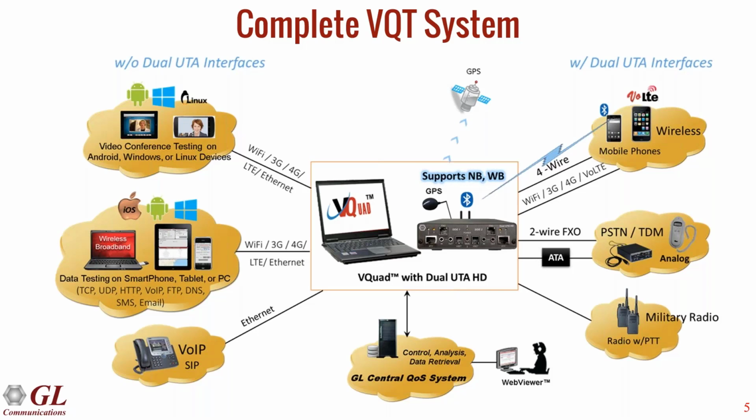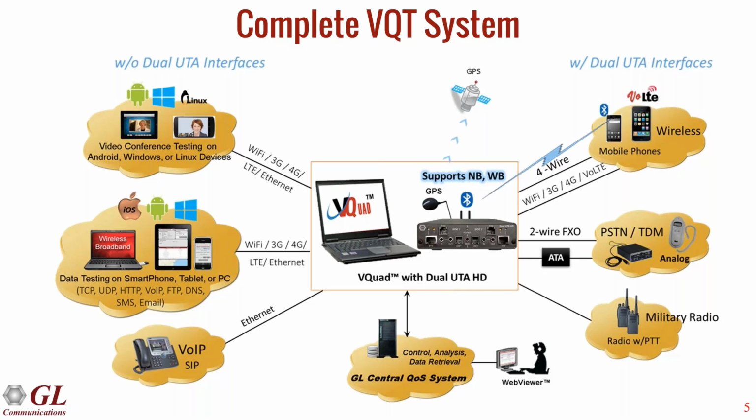So we can basically connect to really any network that you want. That includes 2-wire analog, where we emulate a phone. 4-wire analog, we could be a headset to anything, whether it's a headset to a PC, a headset to anything that requires a TX and RX, we can connect to.